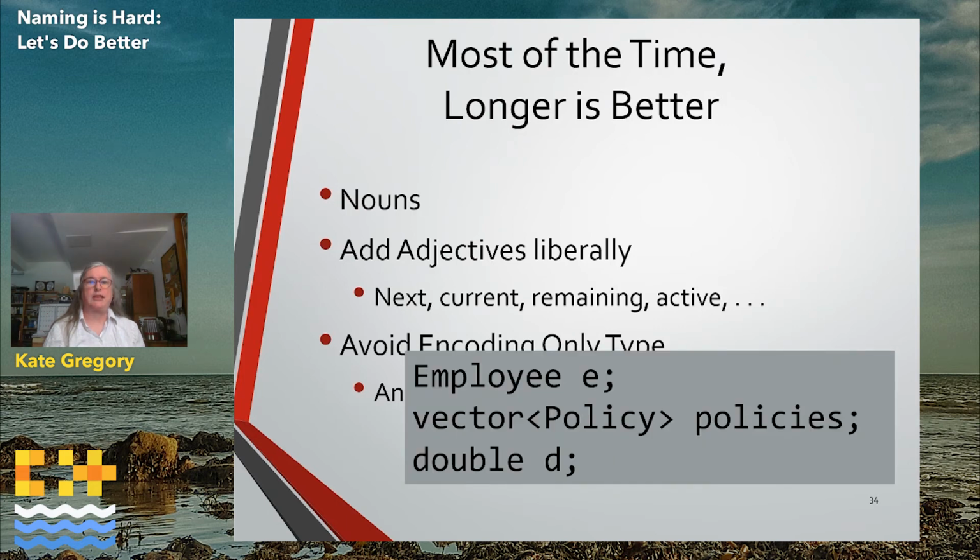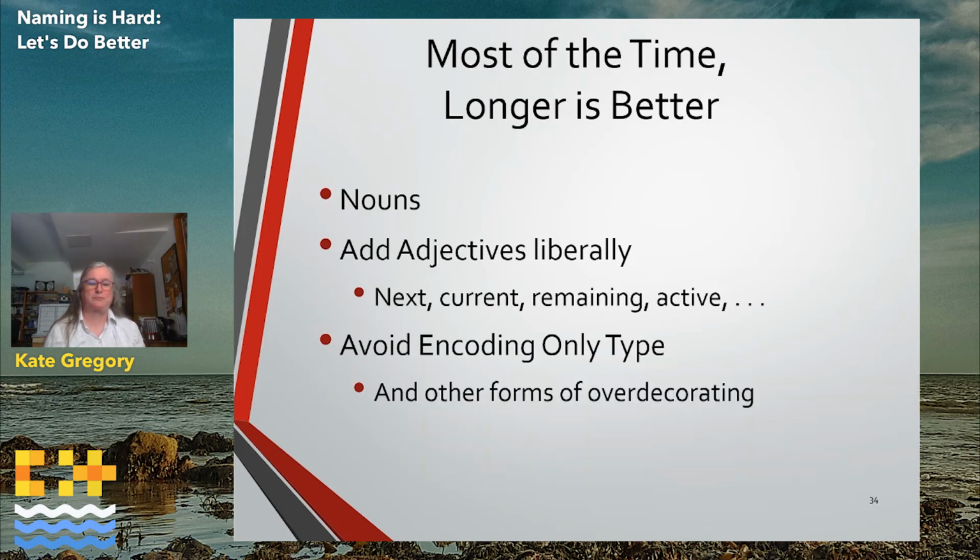So you have an employee called e, a vector of policies called policies, and a double called d. We have not learned anything from these variables. In fact, when I get into almost always auto, most of the time people, when they are specifying the type, have terrible names, and then when they switch to almost always auto, they have better names. And that's actually the biggest improvement there.